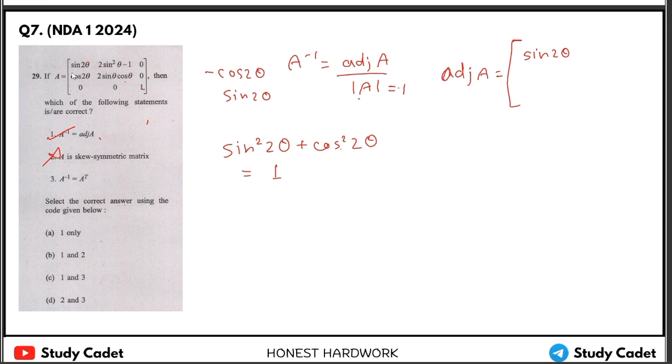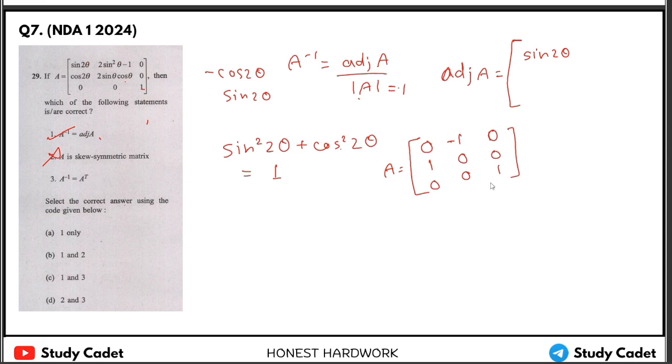Okay, we can put the value also. If we put theta 0, then our matrix A will be sin 0, 0, cos 0 which is 1, and this will be 0, and here minus 1, and then 0 0 and 0 0 1.